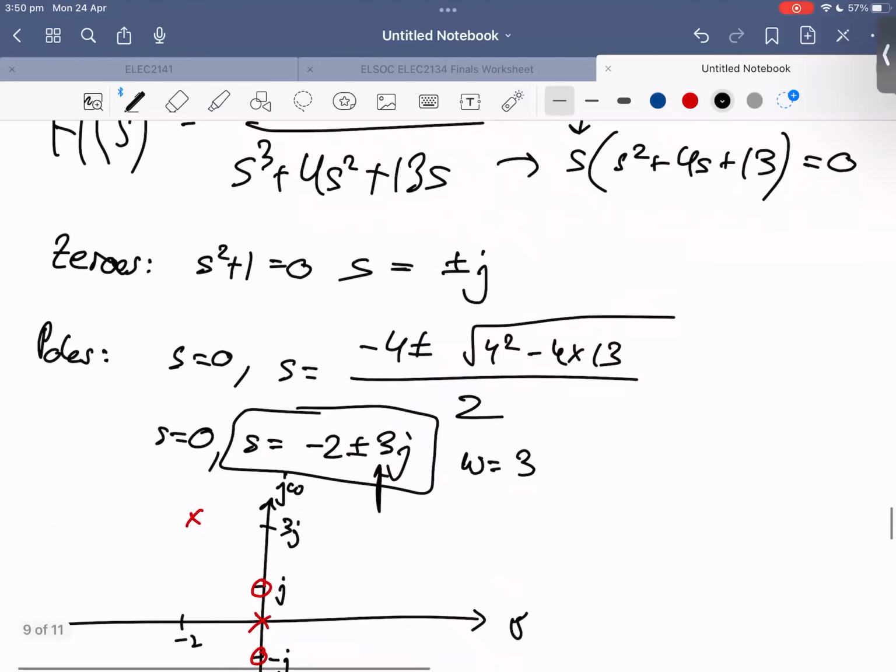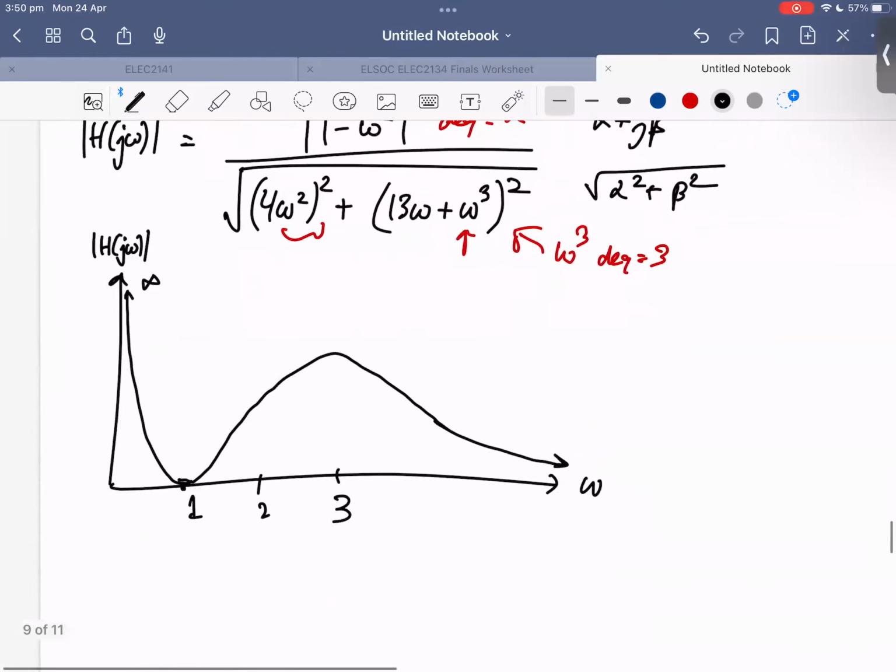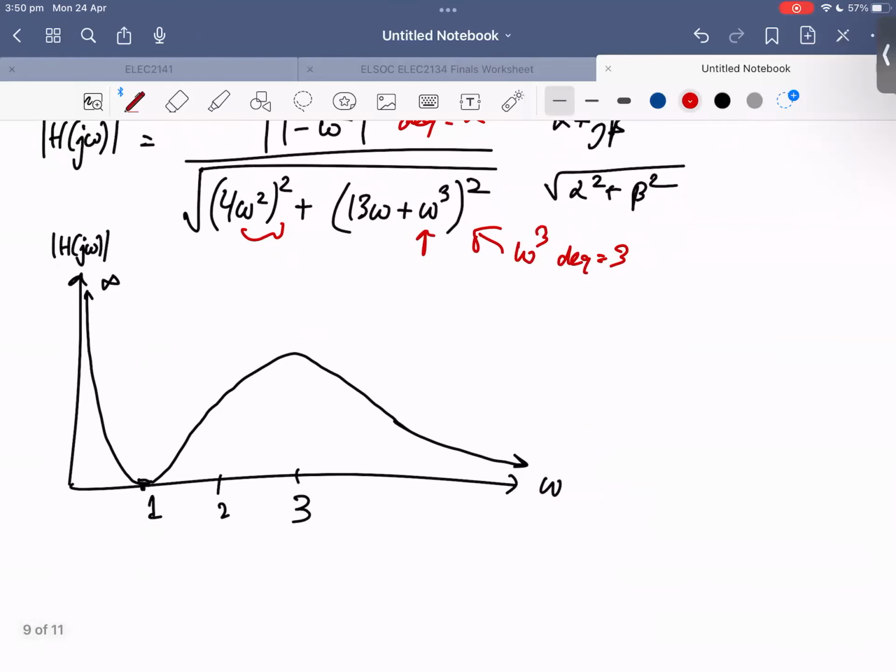So you've got a pole at 0 and a pole at -2 plus 3j. That is kind of evident here, because at 0 you've got the function blowing up to infinity, and you should have a maxima somewhere around 3. Cool.